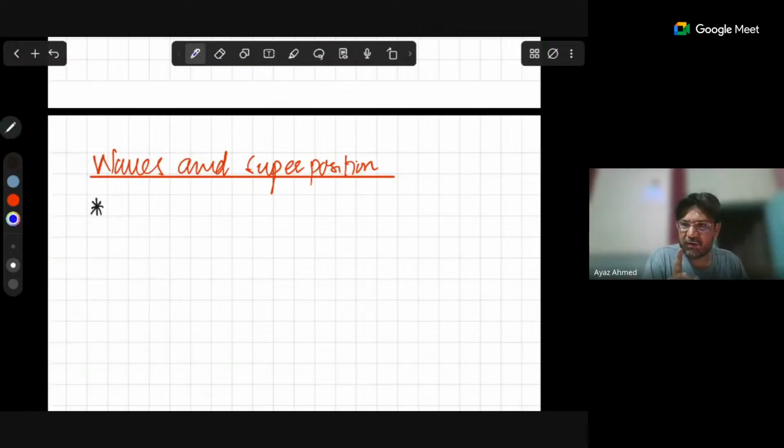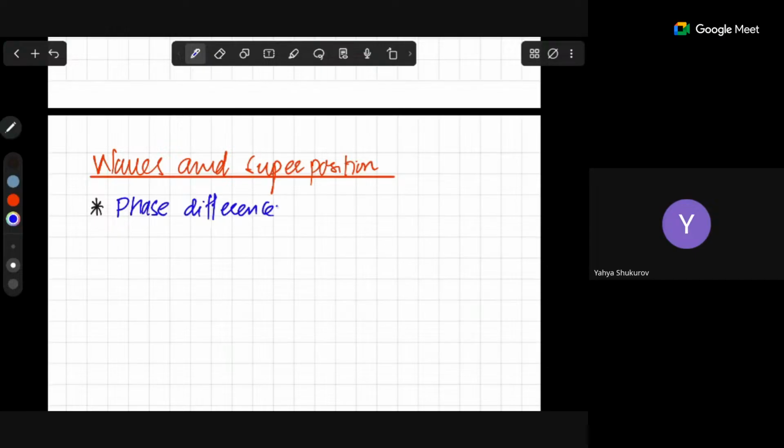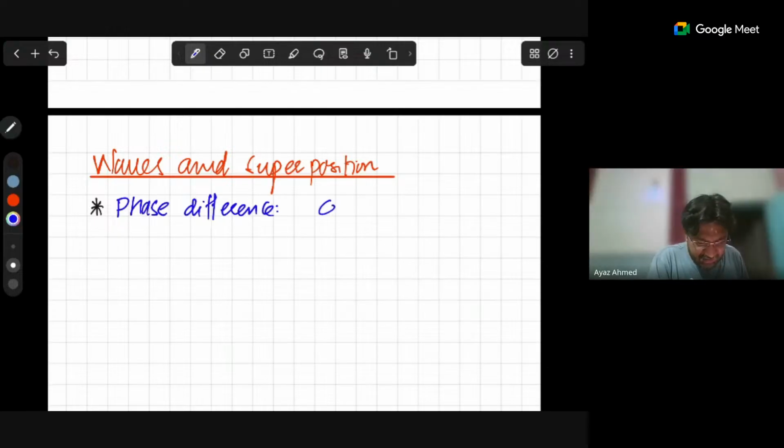The first thing you come across is the concept of phase difference. Actually, I'm not discussing v equals f lambda, so should I discuss that? The phase difference is represented by phi, and its unit is either degree or radian.